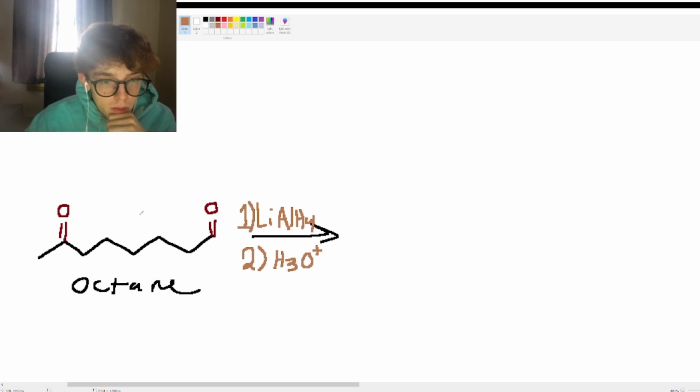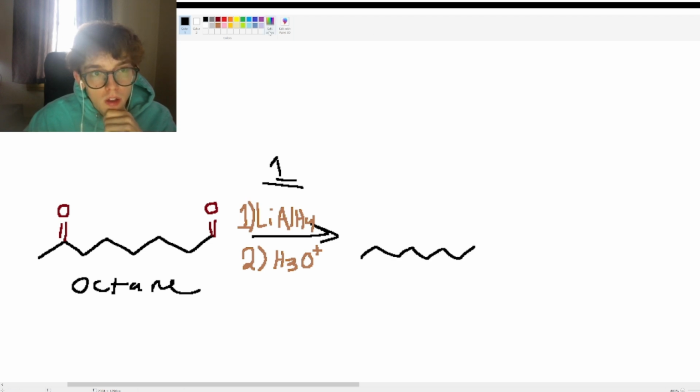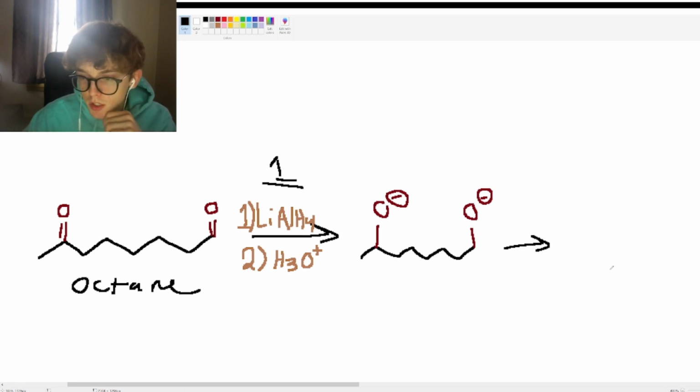Okie dokie. So we know that lithium aluminum hydride will go through step 1 to start. Step 1 will give us this here with oxygen with a negative charge and oxygen with a negative charge. 2 equivalents of acid come in, and they protonate those to give us our diol.